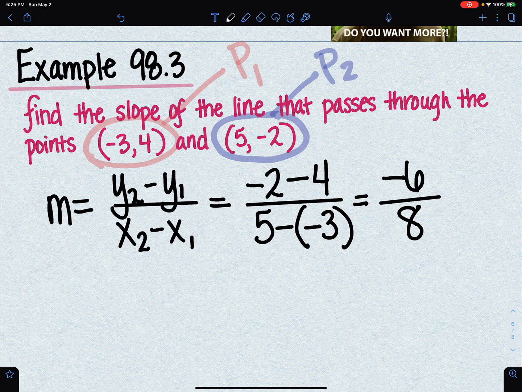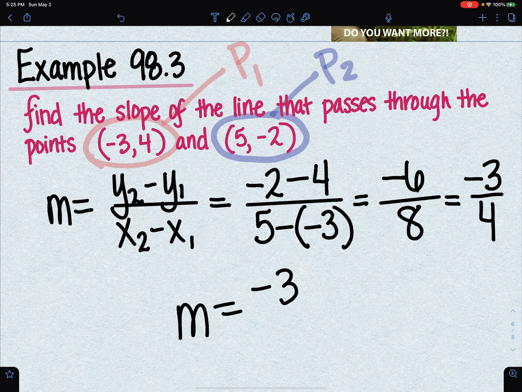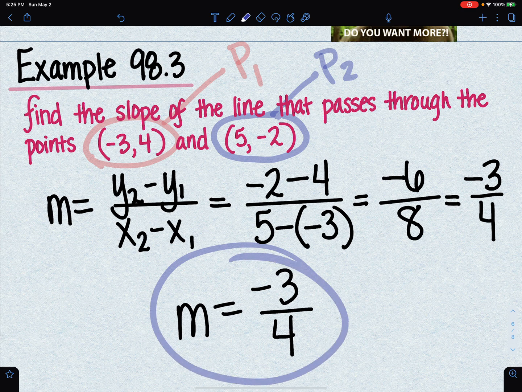Okay, so we have -6 over 8, which you can simplify to -3 over 4. So the slope is going to be -3 over 4. And that's the answer. Sweet, huh?